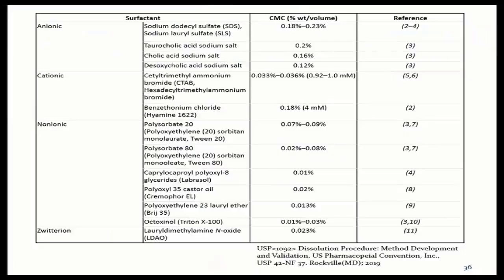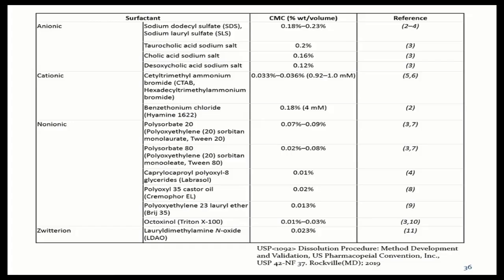A much more concise chart, I think, has been put into the USP in Chapter 1092 on method development and validation. Now it comes to light where the ionization of the drug can be paired with maybe a more appropriate surfactant. And many times we're looking at anionic surfactants, sodium dodecyl sulfate or sodium lauryl sulfate.